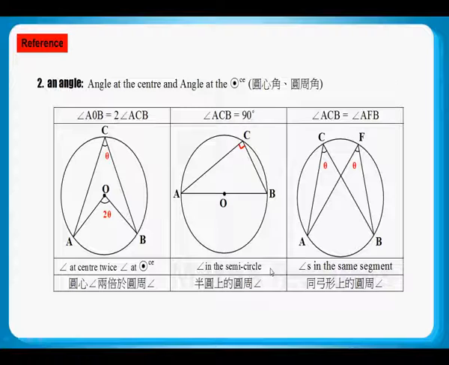Angle in the semicircle: now you can see A and B shoot out two radii, and there are two chords from A, B too. Radii AO and OB make 180 degrees, so the two radii become our diameter, and then we have a semicircle. Because the angle at the center is 180 degrees, the angle at the circumference is 90 degrees.